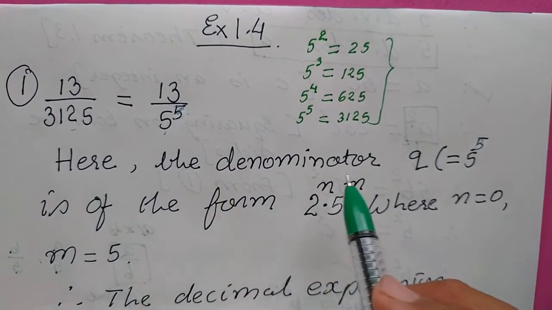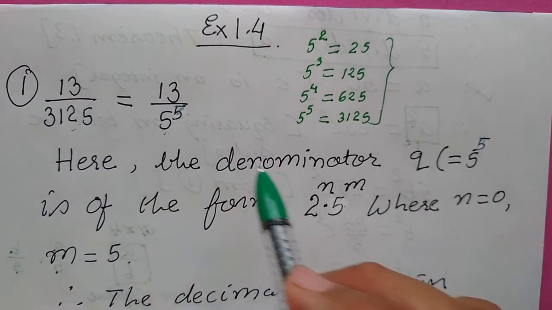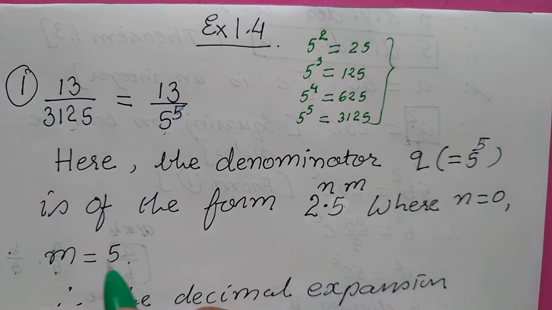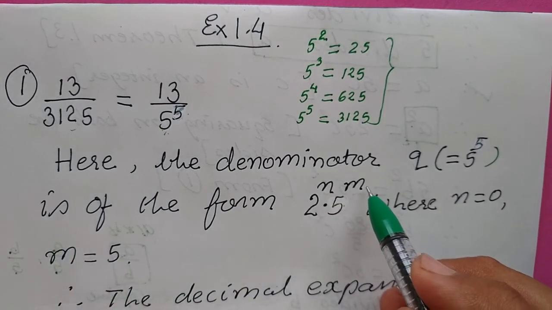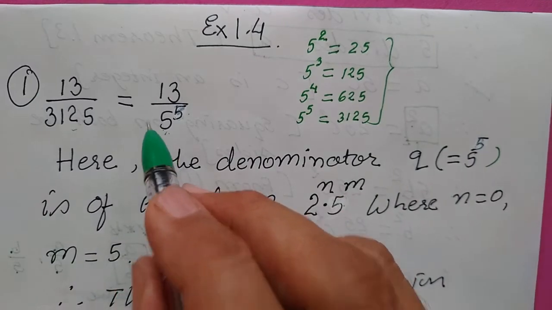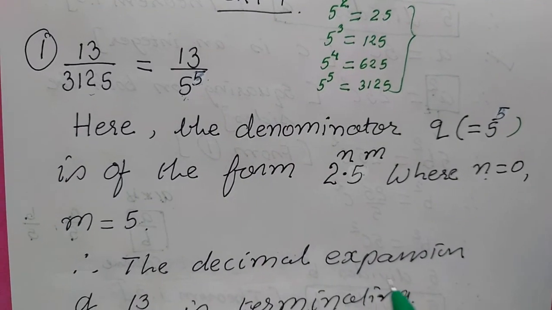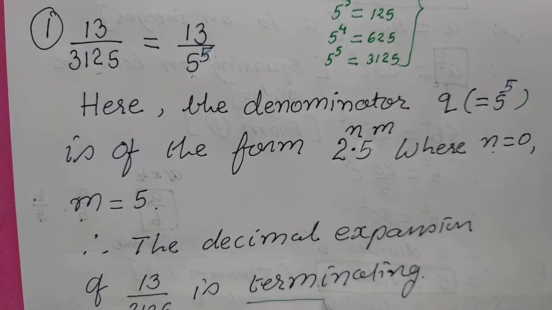Now here the denominator, that is q, is of this form: 5 raised to 5. That is 2 raised to n into 5 raised to m, where n is 0 and m equals 5. 2 is not given, meaning n equals 0. The decimal expansion of 13 upon 3125 is terminating.